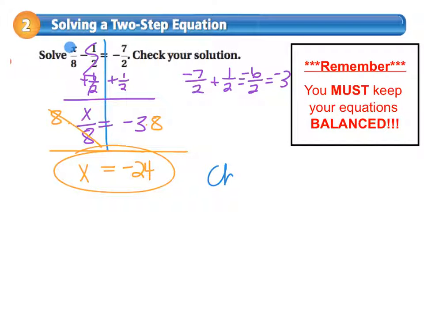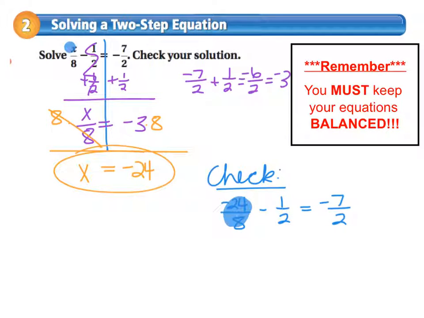However, always check your work because you never know if you're right. So I had negative 24 over 8 minus 1/2. Hopefully it's negative 7/2. Well, negative 24 over 8, if I divide that, is negative 3.